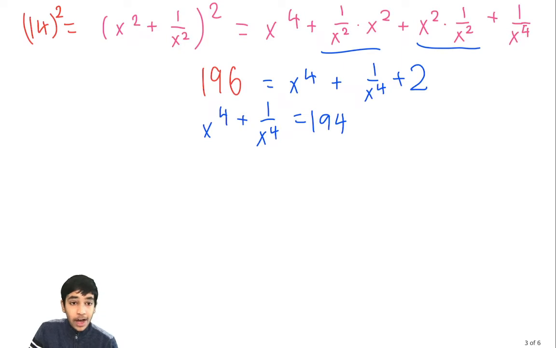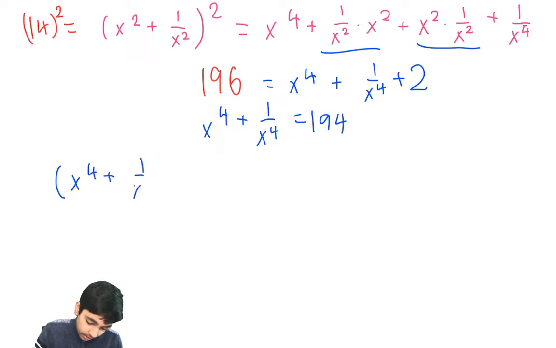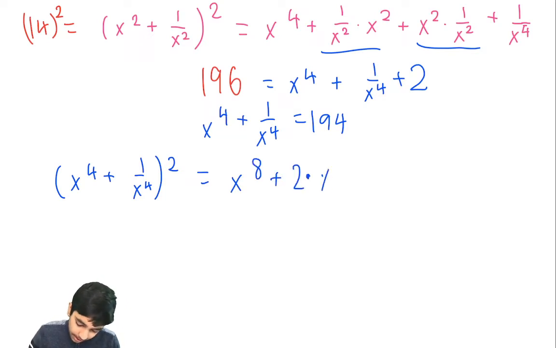Now what? Well, now let's square the expression again, because when you square it again, now we'll get those x to the 8th and 1 over x to the 8th terms. So let's square it: (x to the 4th plus 1 over x to the 4th) squared. I'm not going to do it again, so I'm just going to read directly: x to the 8th plus x to the 4th times 1 over x to the 4th plus 1 over x to the 8th.